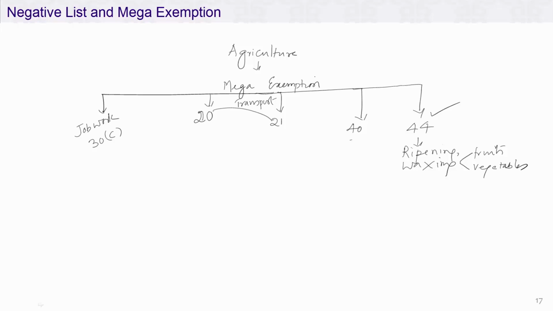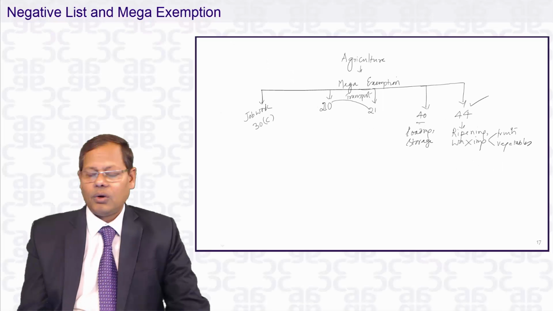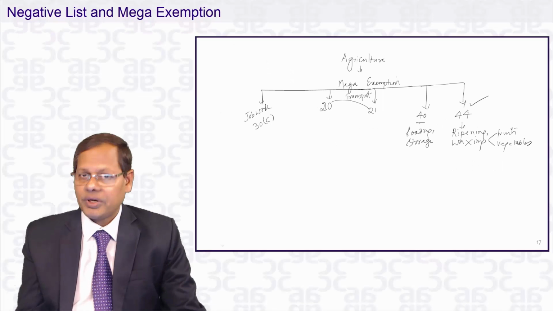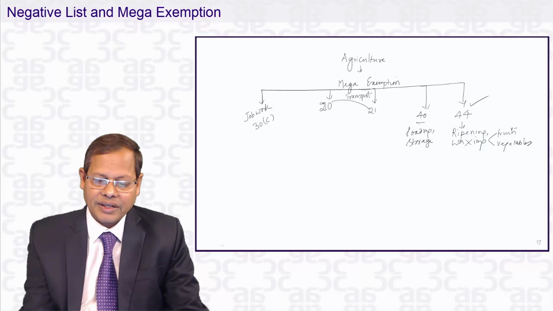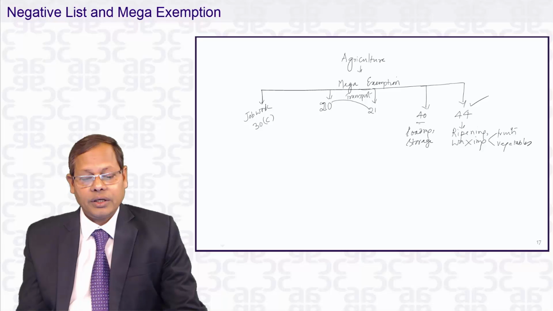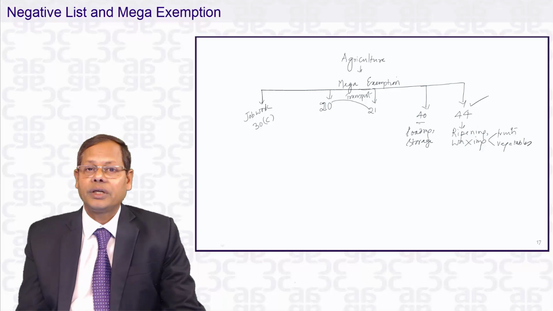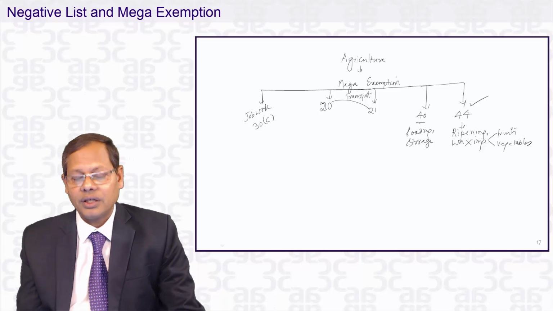And then 40 is about storage, loading, etc. Loading, storage, etc. What type of storage we have to see from the entry? You have to be clear, because you get practical questions on this. So where you get practical questions, you have to be very careful. You have to read each and every line carefully.